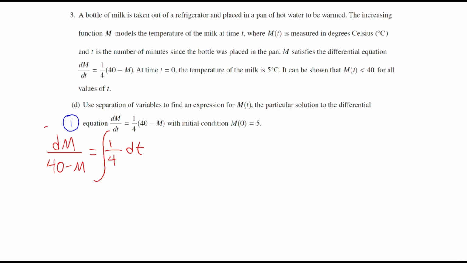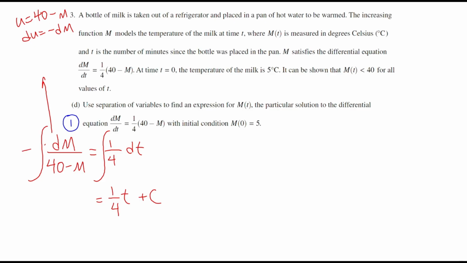Then you integrate both sides. This time you needed to get both antiderivatives to get your second point. Sometimes it's worth 1 point for each of them, but not in this case because the right-hand side, 1/4 t plus a constant, is just really easy. So for this one, you're going to use a u substitution. U is going to be 40 minus m, and du will be negative dm.